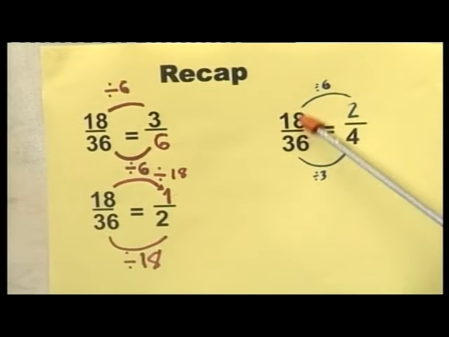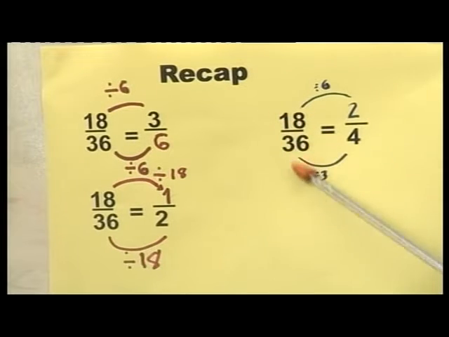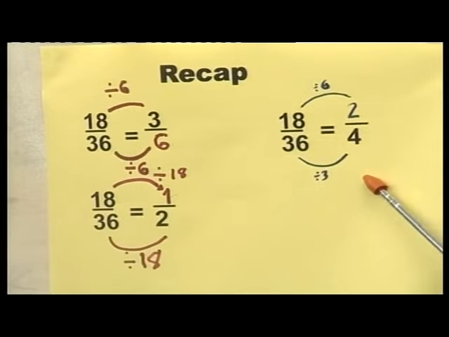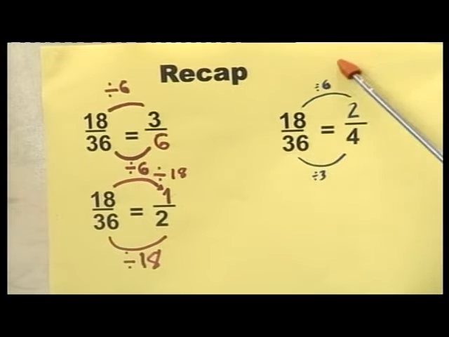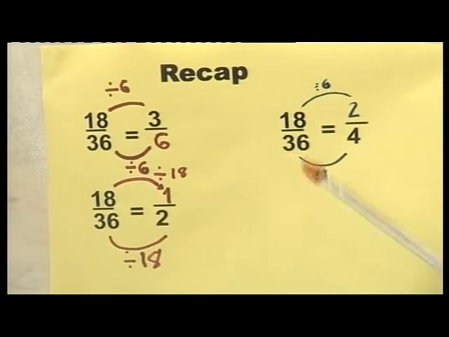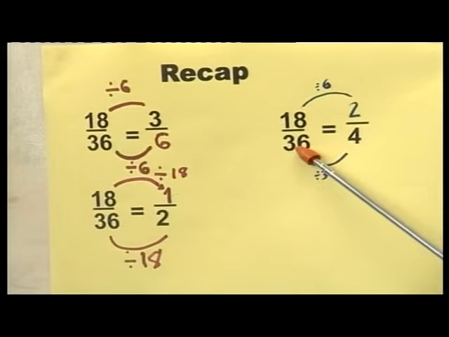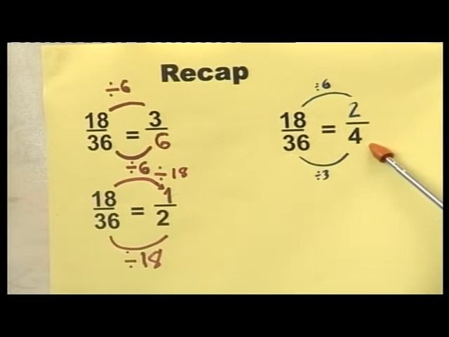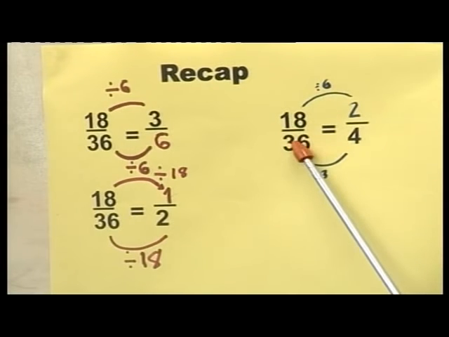Our friend has divided the top number with 6 and the bottom number using a different factor. What would be the correct common factor that should go in place of these two? Having in mind, we have been given 4. What is the common factor that you multiply with 4 to get to 12?